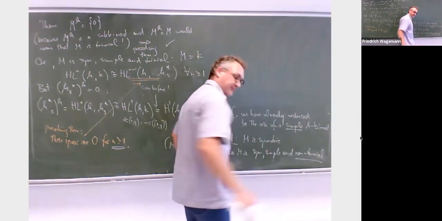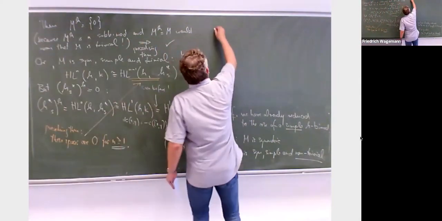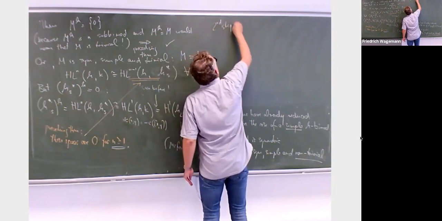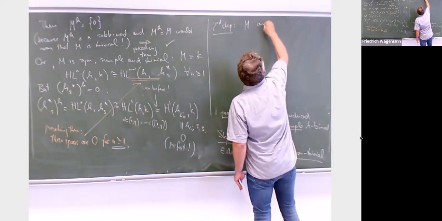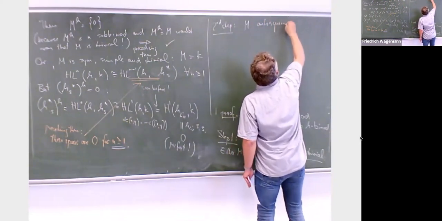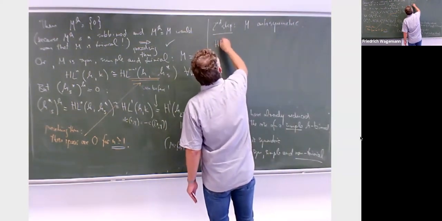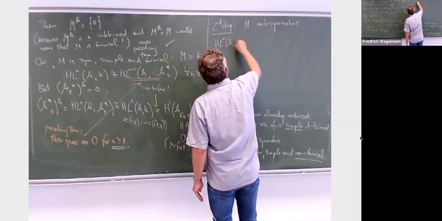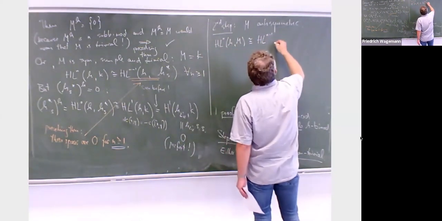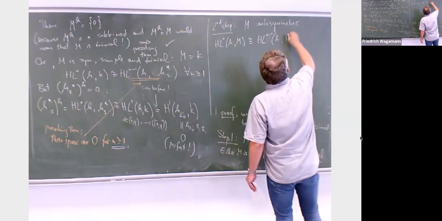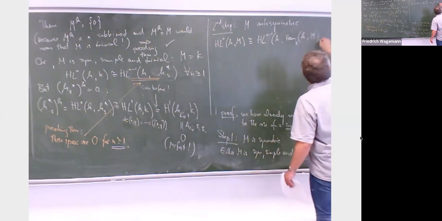And then the second step is M antisymmetric. And then we have seen by the lemma that HL^n(H, M) is HL^(n-1) of H on Hom(H, M) and symmetric.